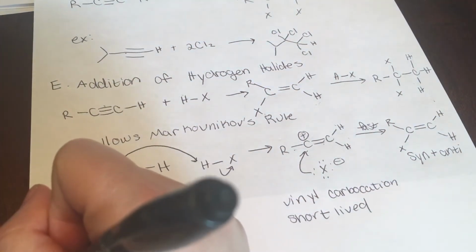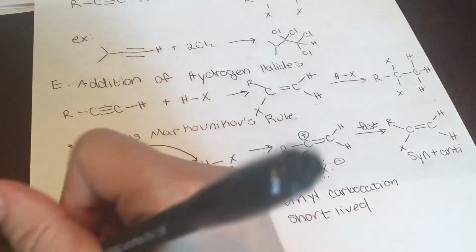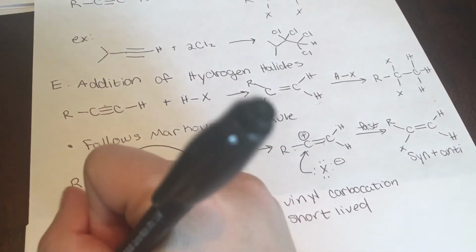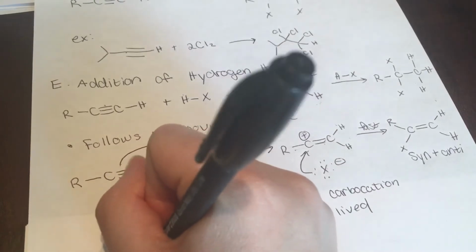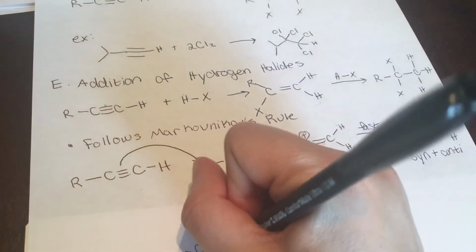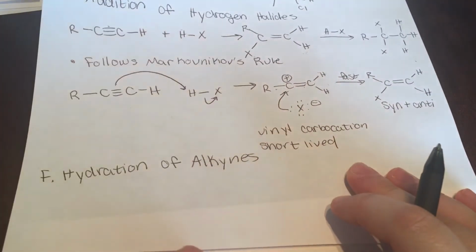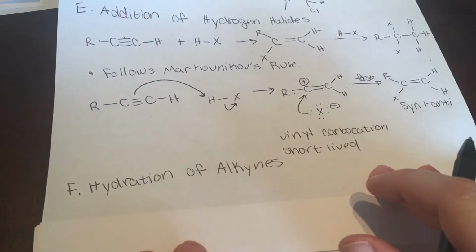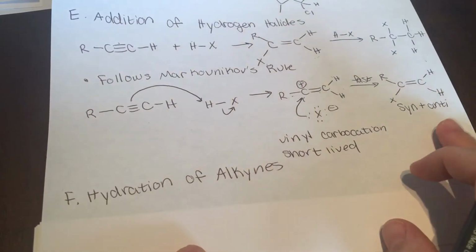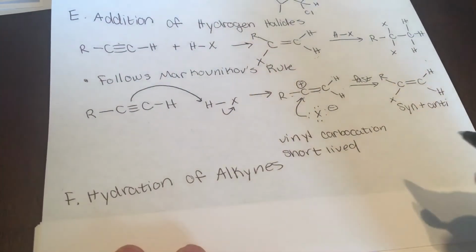Again, we're just moving down the line of reactions that you learned in Chapter 8. Hydration of alkynes. These hydration reactions are not going to form diols, like you would expect. They actually form ketones and aldehydes.